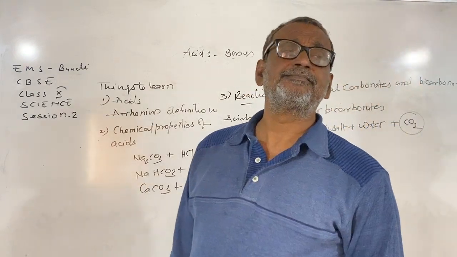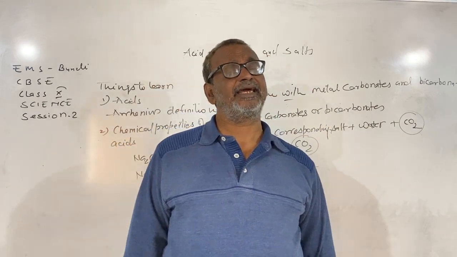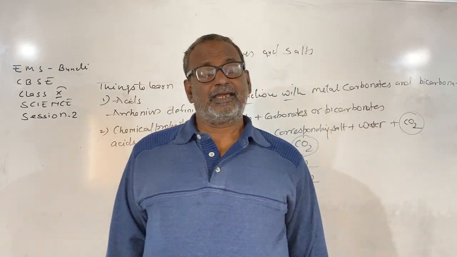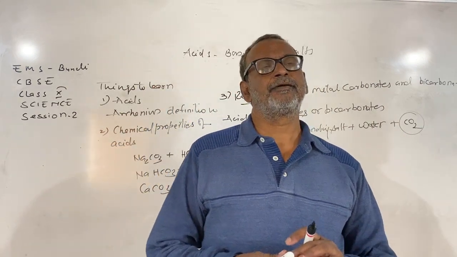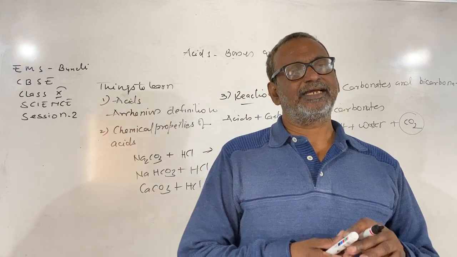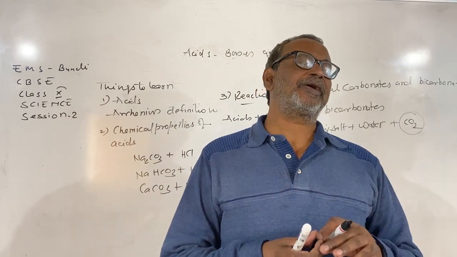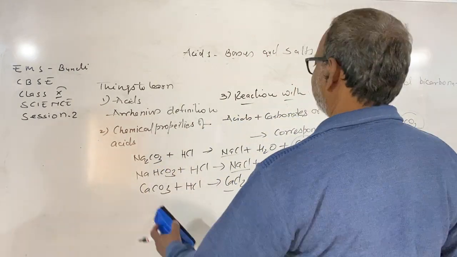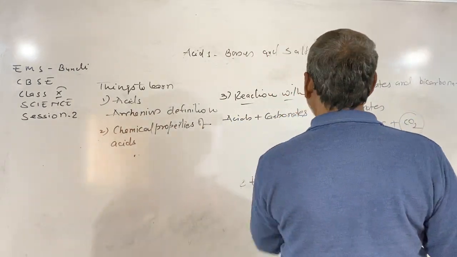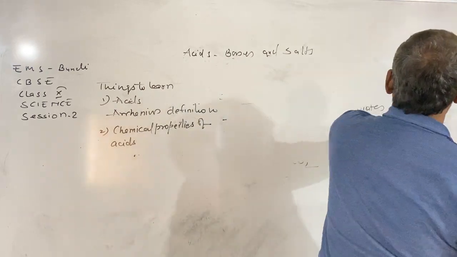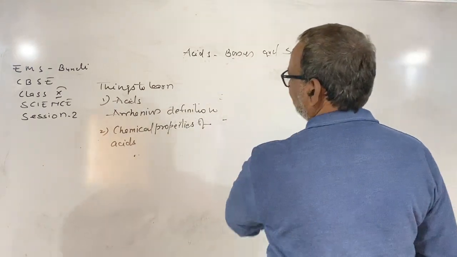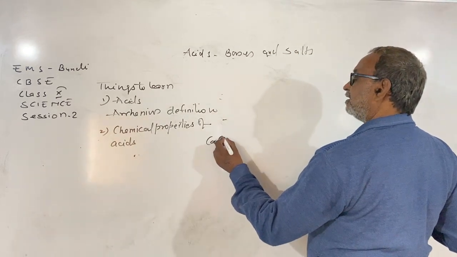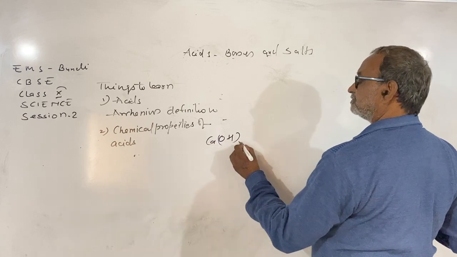Carbon dioxide is a colorless, odorless gas. It can be identified by passing it through freshly prepared lime water. Lime water, which is colorless, turns milky when carbon dioxide gas is passed through it. Lime water is calcium hydroxide.